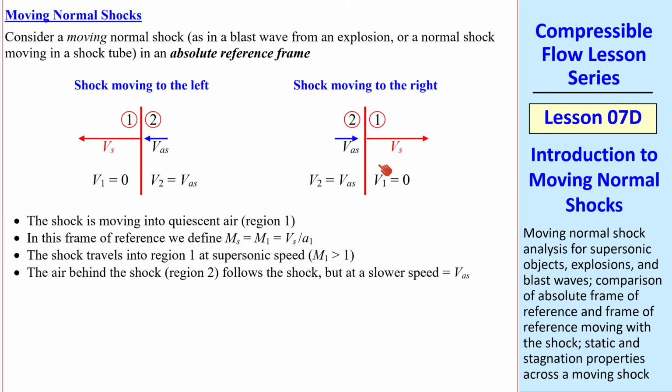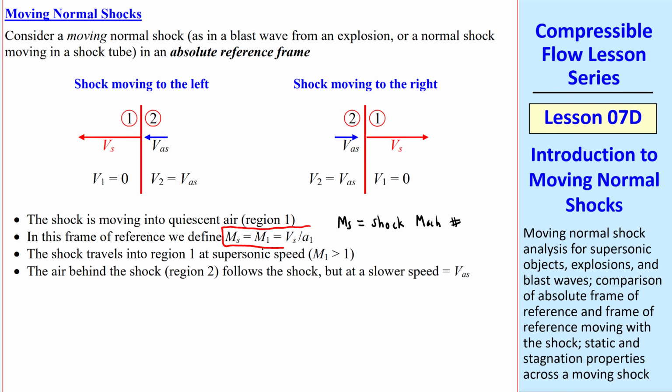The shock moves into still air or quiescent air, since we're in an absolute reference frame, and speed V2 is the same as Vgs in either of these cases. Let's define Ms as the shock Mach number, defined as Vs, the speed of the shock, divided by a1, the speed of sound in region 1 ahead of the shock.